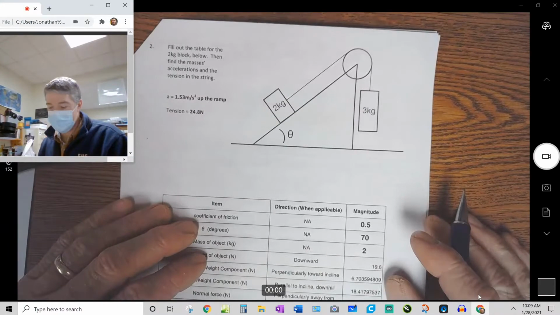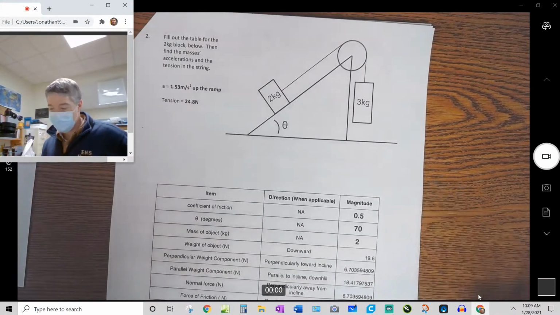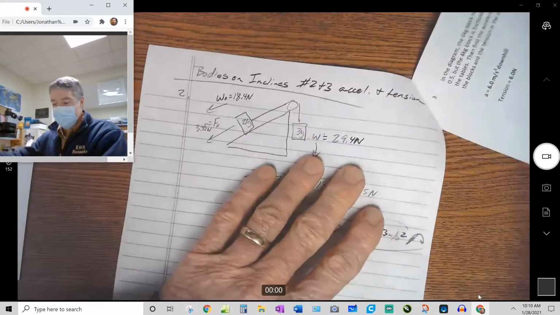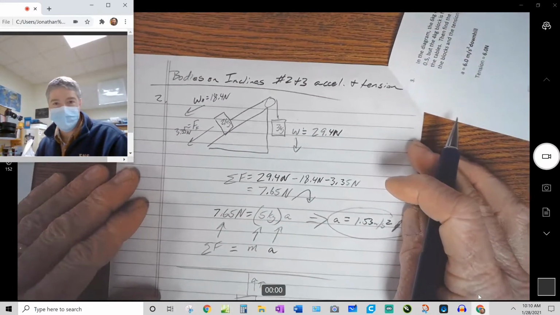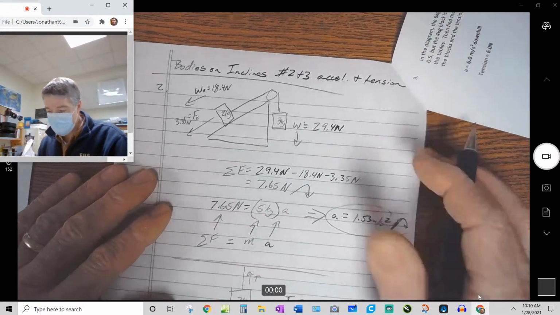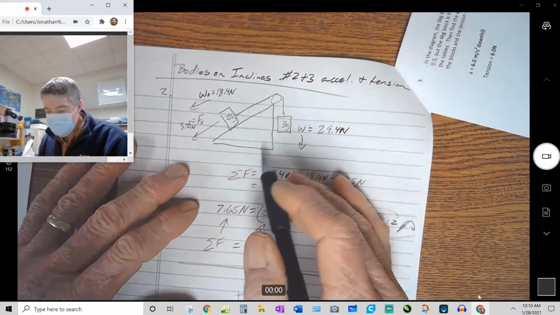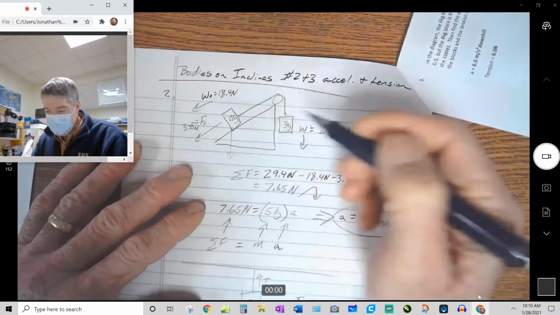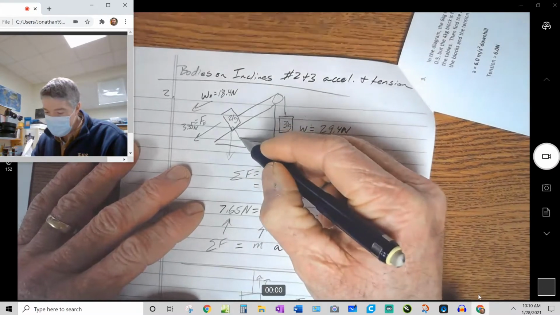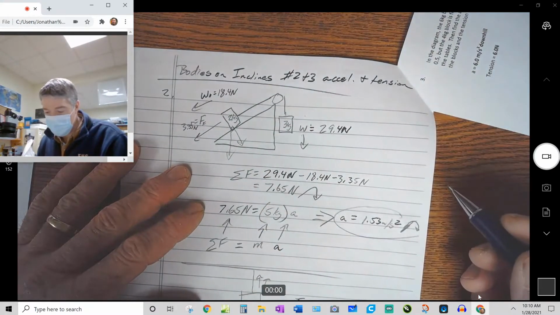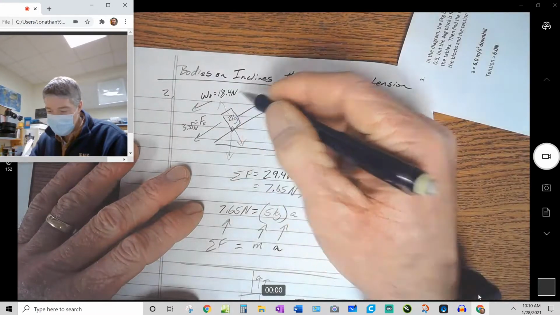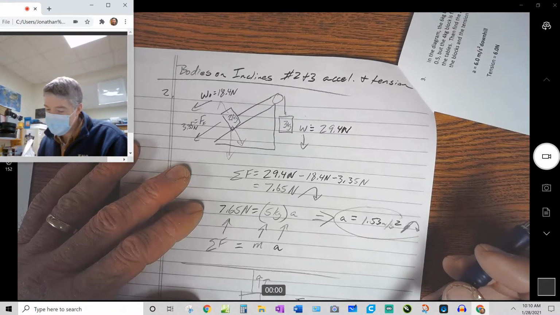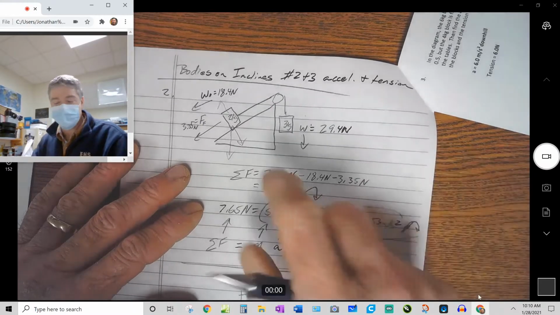Alright, so number 2 is a little more involved, and it looks like I have provided this in past years, and I've left out a little bit. I've left out the weight vector and the perpendicular component of force and the normal force, and it looks like I've just included the non-canceling forces in this diagram.